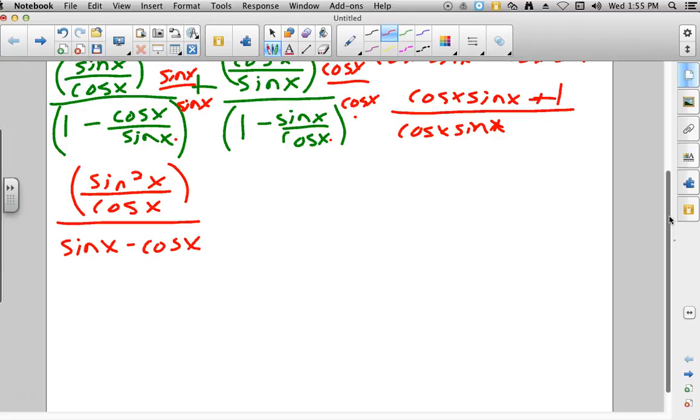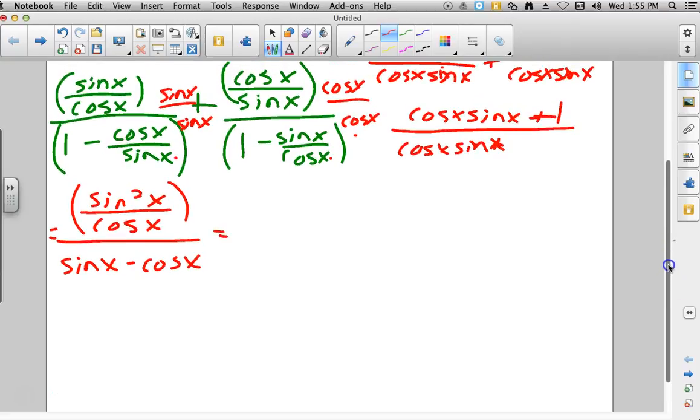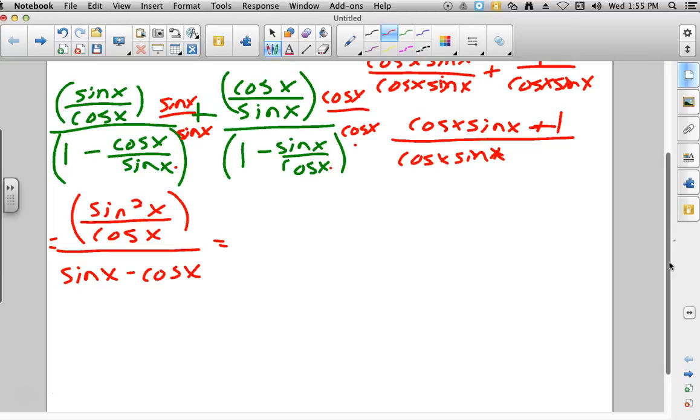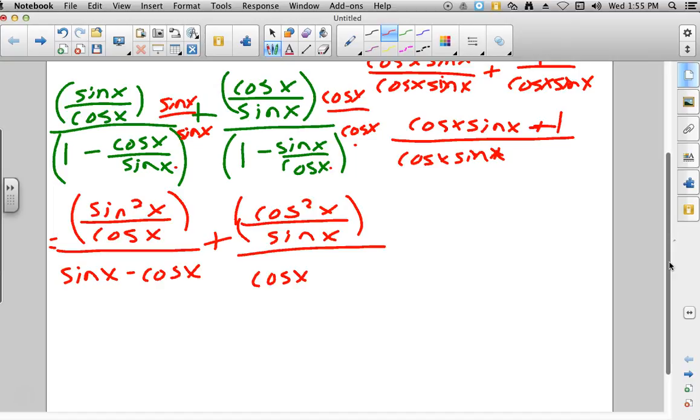I mean, at least we're a little closer to being rid of fractions than we were before. So over here now, let me put that down a little bit so you can see the top there, we would have cosine squared x over sine of x. Make that look more like a plus than an equals. And 1 times cosine x would be cosine x, and then these two would cancel out, minus sine of x.